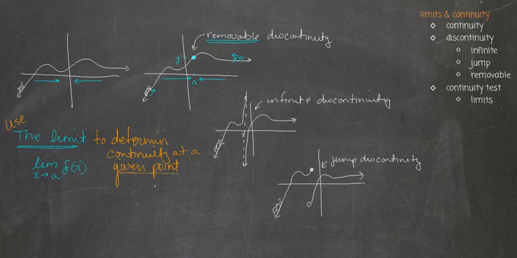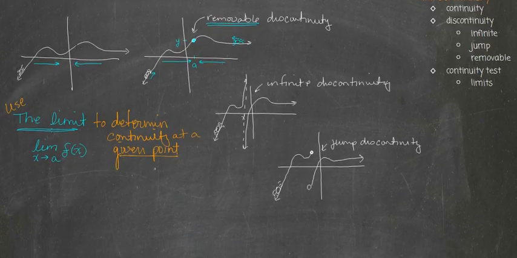All right, so here's how we do it. It takes 3 steps. Let's go back up here to our continuous graph. My question is, is this graph continuous at x equals a? I'm not asking about what's happening over here or over here. I'm only concerned about this little area. So this is what it takes for it to be continuous.